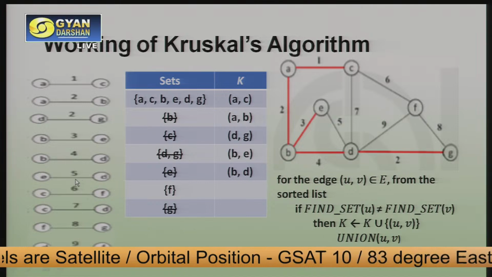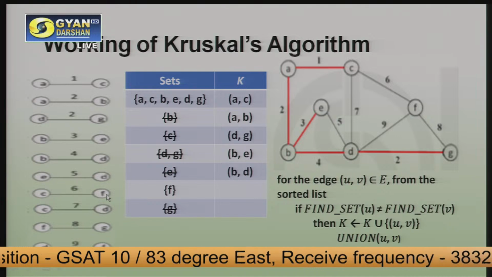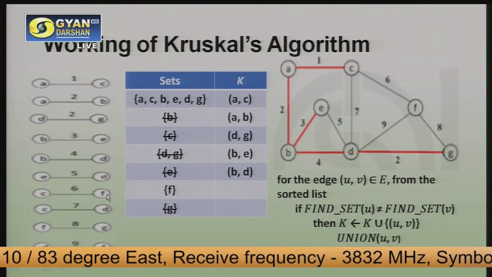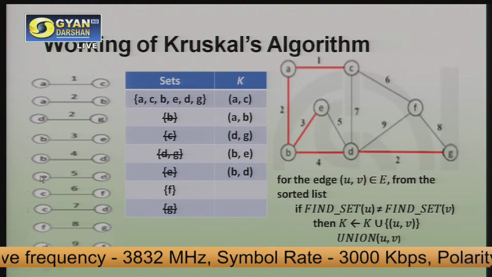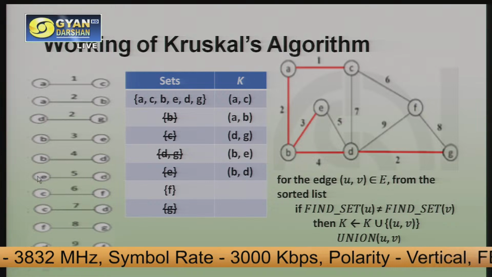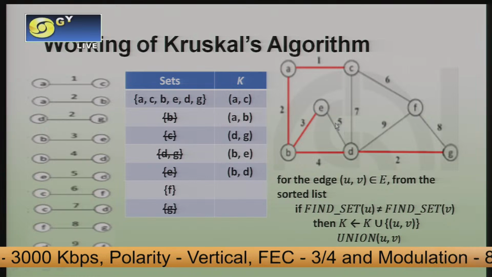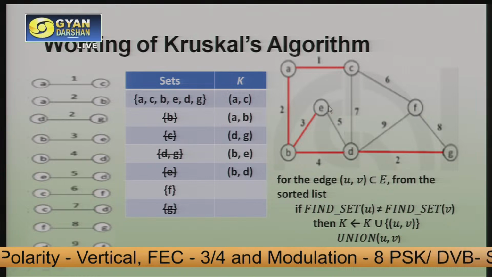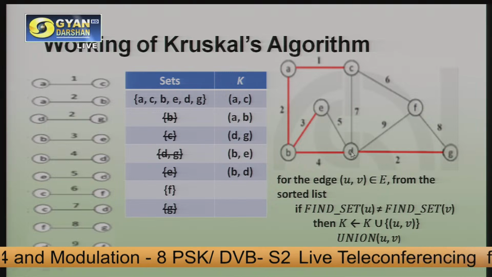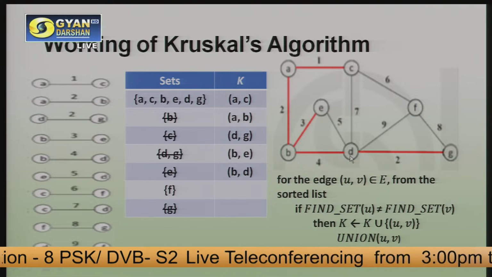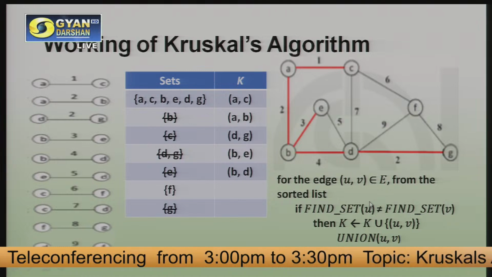Now we move on from here. Then we have C to F. But before C to F, we have E to D, an edge whose weight is 5, less than that of C to F. Now if we try to add E to D, we find that E as well as D are both in this set.